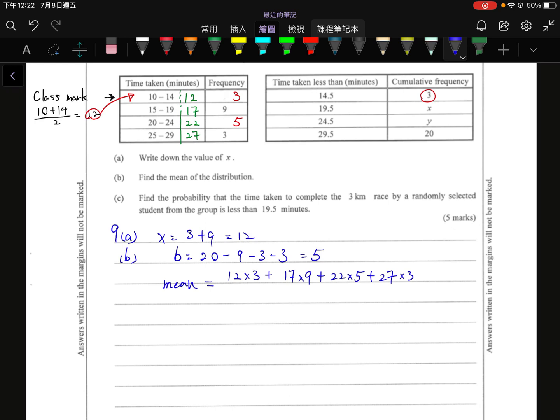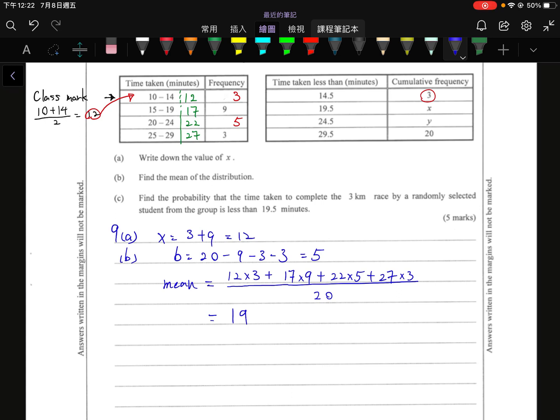After you find the total of all the data, you need to divide by the number of data. Here, the number of data, as we discussed before, is 20. So the mean should be equal to 19. That's the answer for part B.